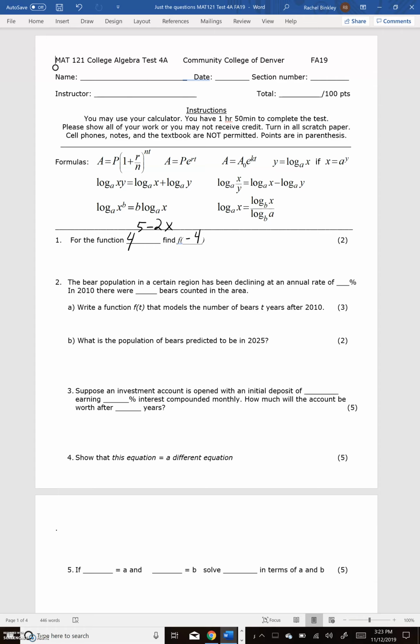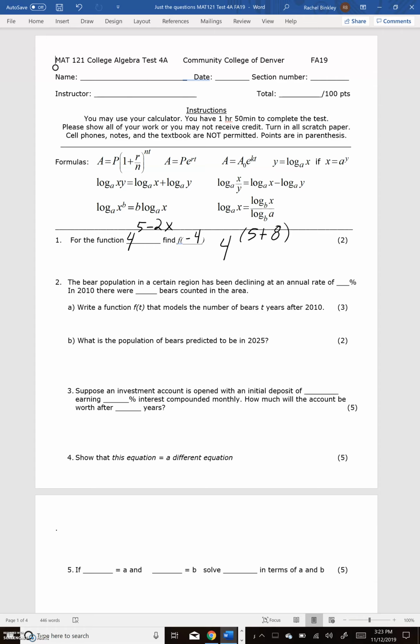Everywhere we see an x, you're just going to put in the negative 4, and my friend here is going to do it for us. So we're going to do 4 to the power of 5 minus, oh look, it's actually plus 2 times 4 is 8, because a negative 2 times a negative 4 is going to be a positive 8.